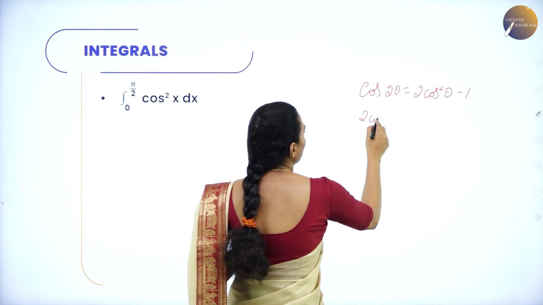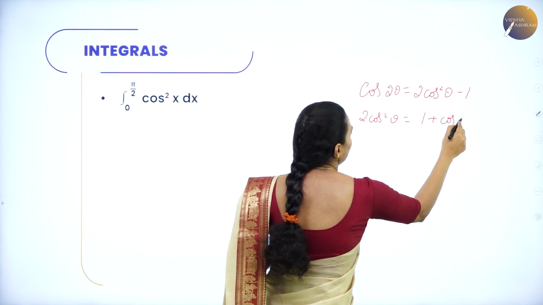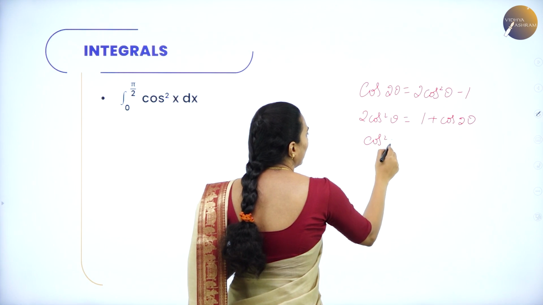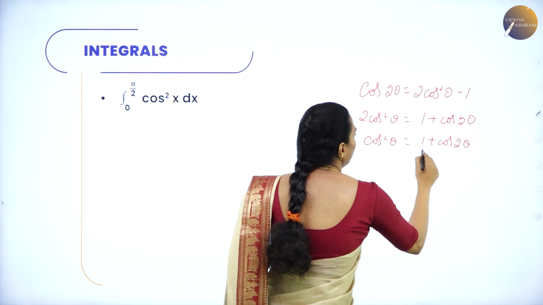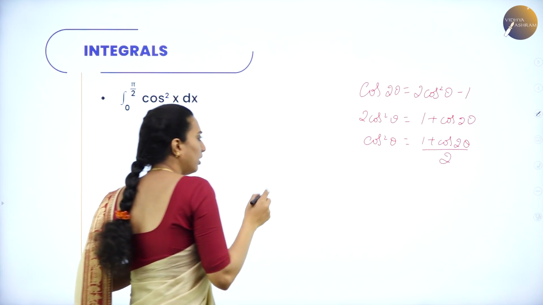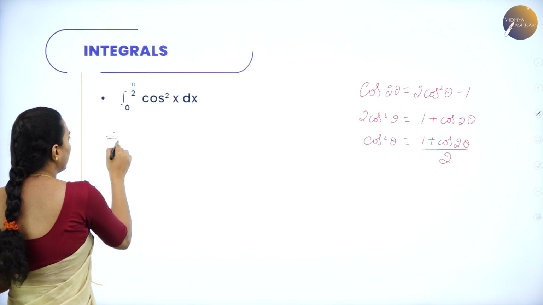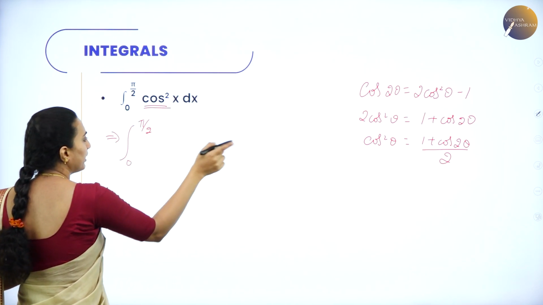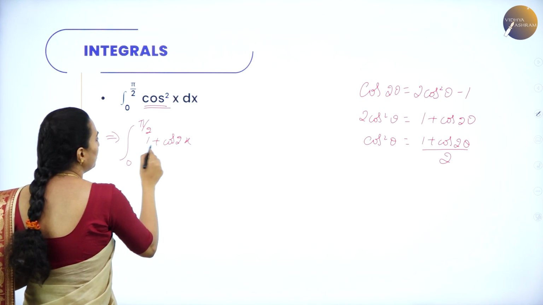So 2 cos squared theta can be written as 1 plus cos 2 theta, taking 1 to the left hand side. Now cos square theta can be written as 1 plus cos 2 theta divided by 2. That's it. Now you can write x in place of theta, which implies integral 0 to pi by 2, instead of cos squared x, I can substitute 1 plus cos 2x divided by 2.